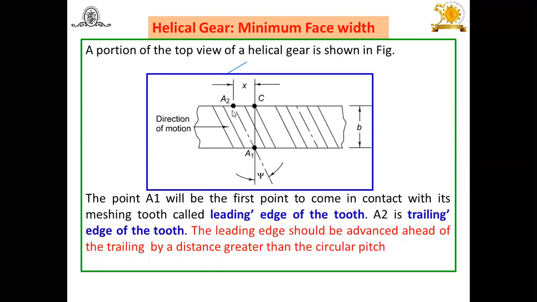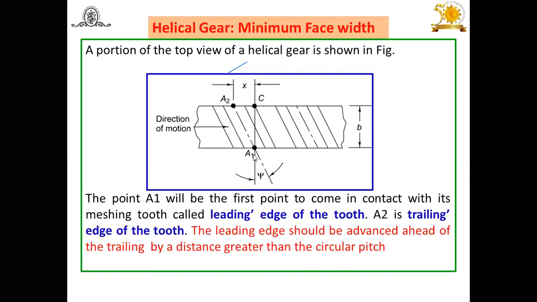Then, in order to have contact on the face of the tooth, I have written here that the leading edge should be advanced ahead of the trailing edge by a distance greater than the circular pitch.